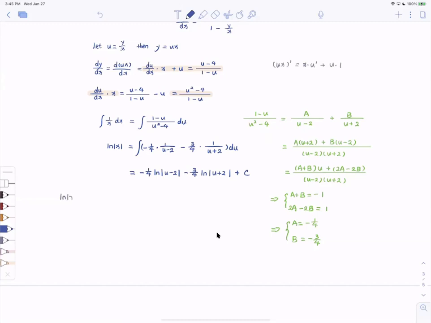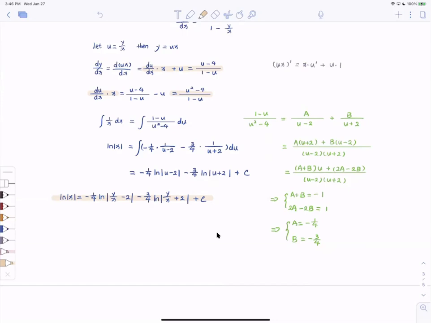So log absolute value of x equals negative 1 over 4 log y over x minus 2, minus 3 over 4 log y over x, my y looks really ugly for some reason, plus 2, plus c. So you need to sub it back, basically, because you want it to be a function of y.